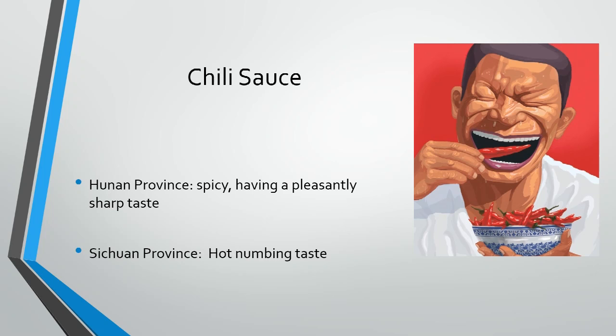For example, chili sauce from Hunan province tastes simply spicy and has a very sharp taste in your mouth. But chili sauce from Sichuan province tastes not only spicy but also numbing, which means your mouth will not only feel burned but also tingled.